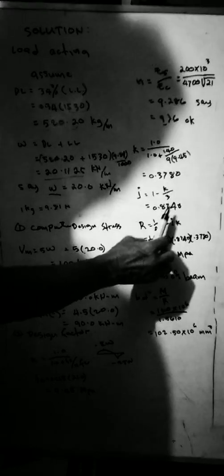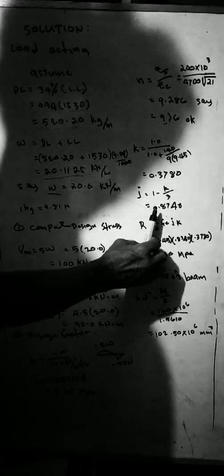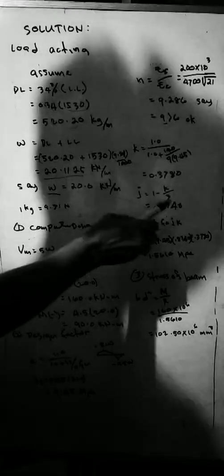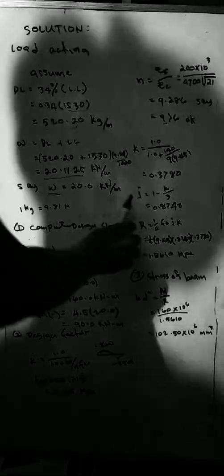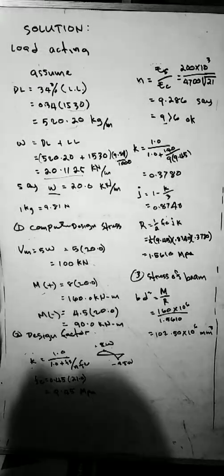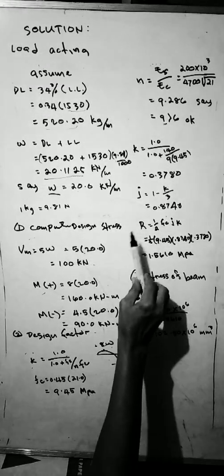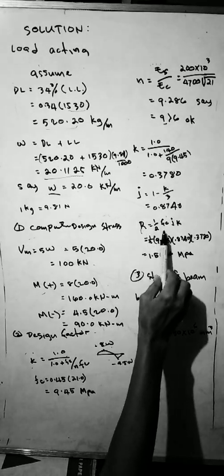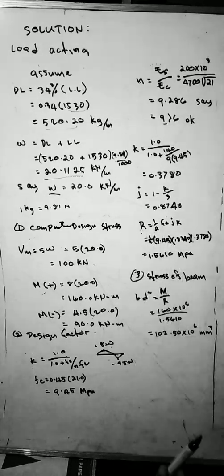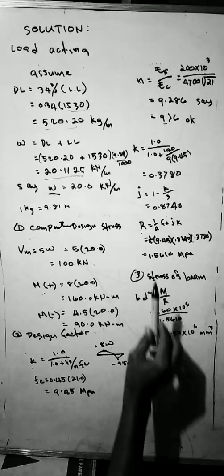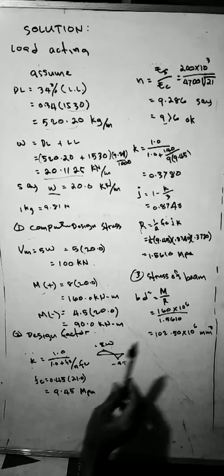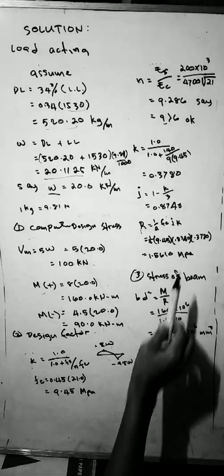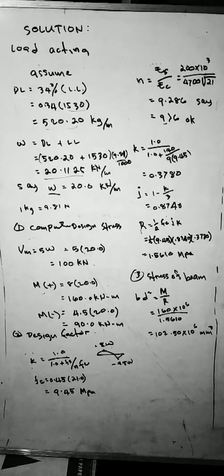Substituting this here and dividing by 3 will give us 0.8740. That is the j design factor. And the R is 1/2 fc j k. Substituting all the values that we have will give us R is 1.5610 megapascal.